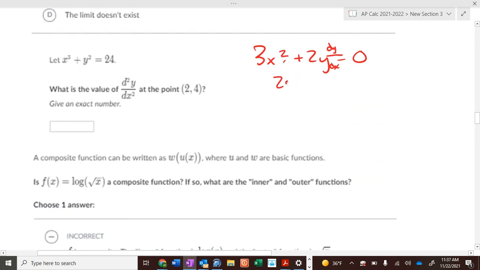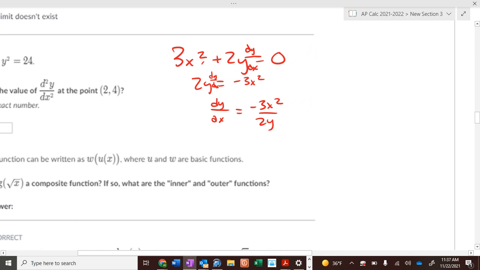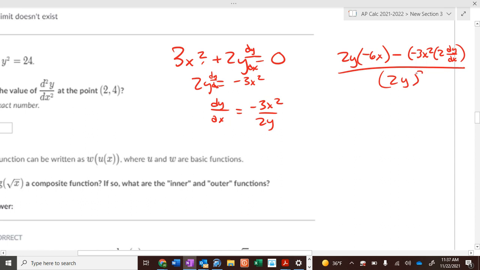So then 2y equals negative 3x squared. And divide by 2y. So dy/dx equals negative 3x squared over 2y. Okay. Then we take the derivative of that. So the derivative of that would be 2y times negative 6x minus negative 3x squared times 2 dy/dx, all over 2y squared.